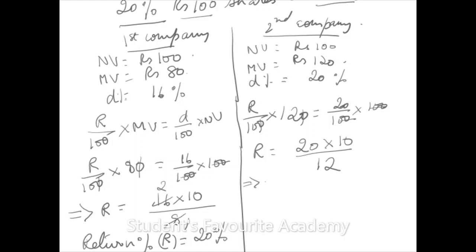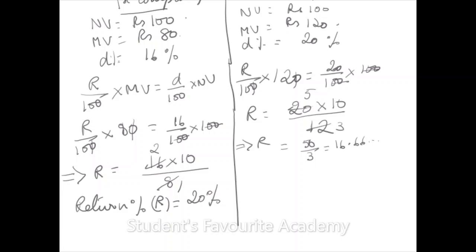So R is equal to 50 upon 3, that is 16.66 or 16.67%. Here return percent is 20%.